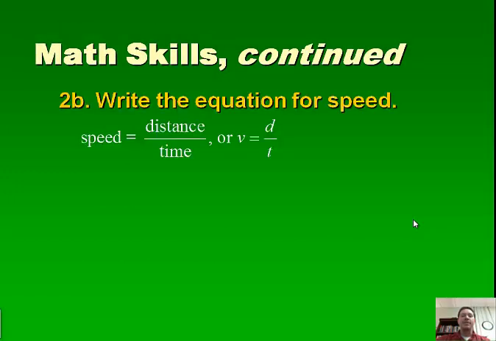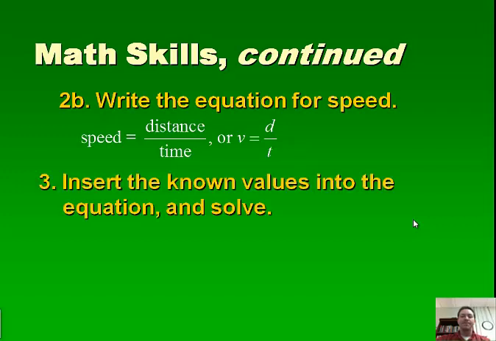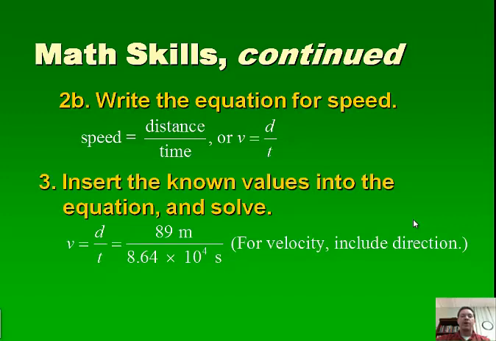So we've got our time in seconds, and we want to figure out the velocity of this glacier. Again, we're going to put in our known values. What we want to find is velocity. We take a distance of 89 meters and divide that by 8.64 times 10 to the 4th seconds, and then we include direction afterwards. When we divide these two numbers, we end up with 1.0 times 10 to the negative 3rd meters per second, and we're going down the valley.